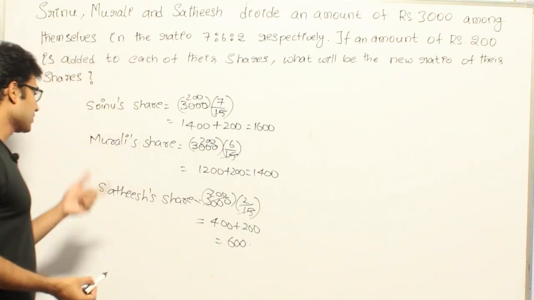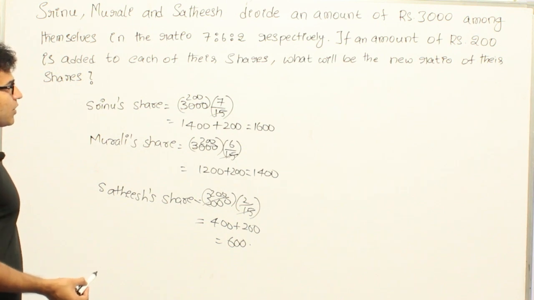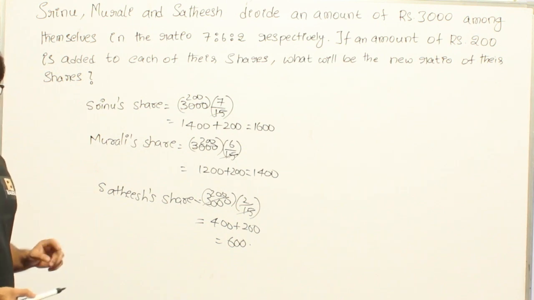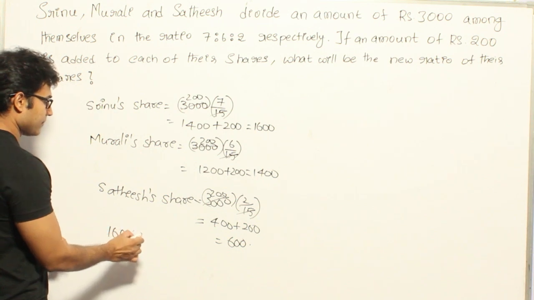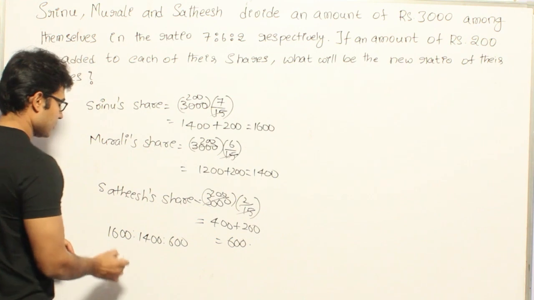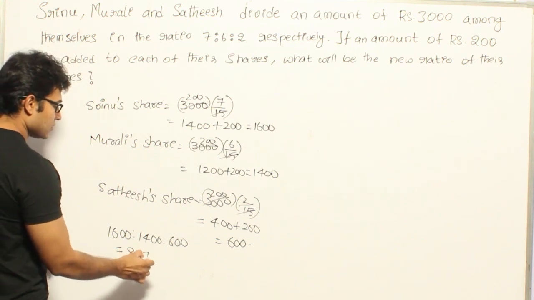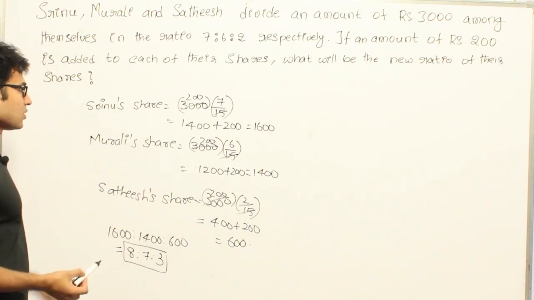So these are the shares of these three finally. Now we are supposed to find out their new ratios. So the new ratio will be 1600 is to 1400 is to 600. So you are going to get 8:7:3. This is one way of solving it.